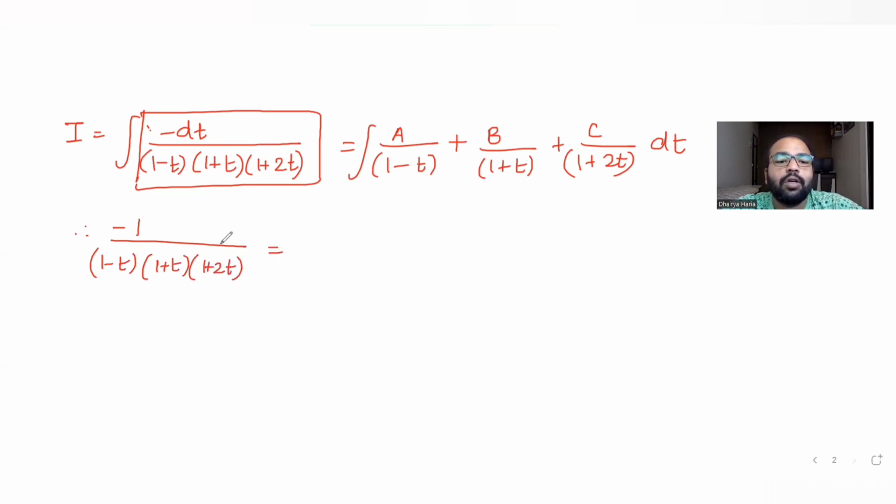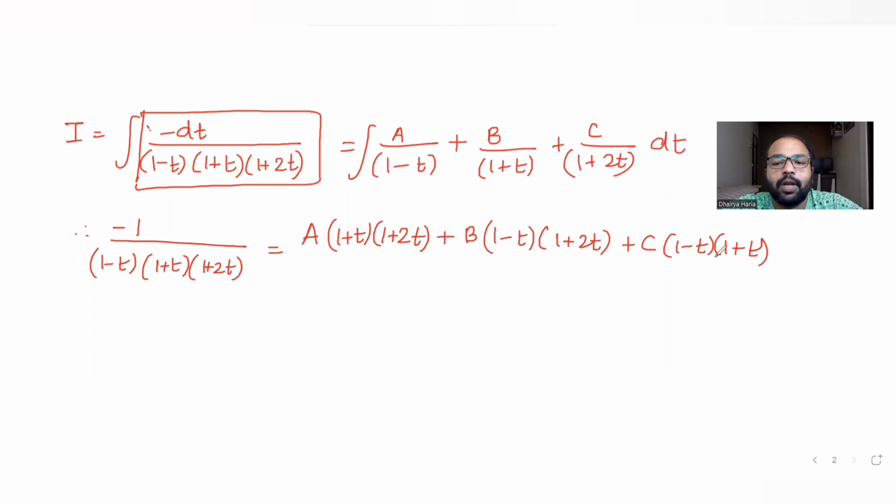If I want a common denominator on both the left hand side and right hand side, what I get is a times 1 plus t and 1 plus 2t, plus b times 1 minus t and 1 plus 2t, and c times 1 minus t and 1 plus t.